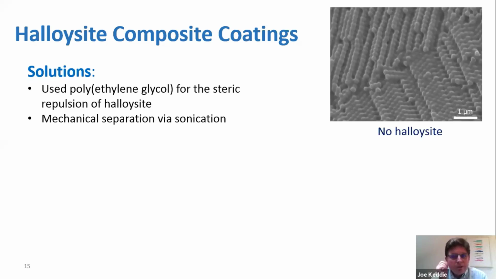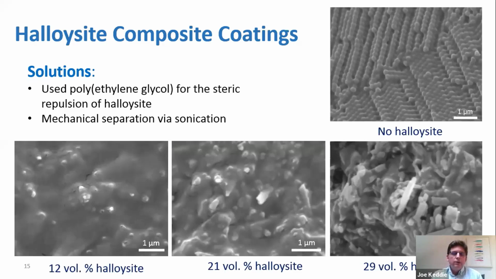So I'm showing here the original structure of the colloidal film, and then when we add halloysite in film form, going left to right, you can see those little white components are the halloysite, and at higher concentrations, you can see we have contact or clusters of the halloysite, and you can see just in the cross-section, we've introduced quite a lot of void space between. At the same time, we still have the strength and the cohesion of the polymer binder.